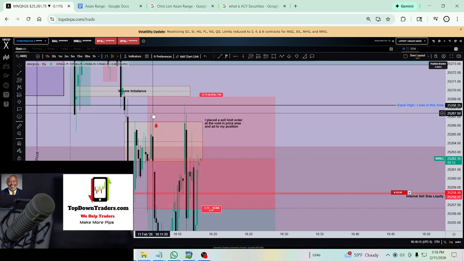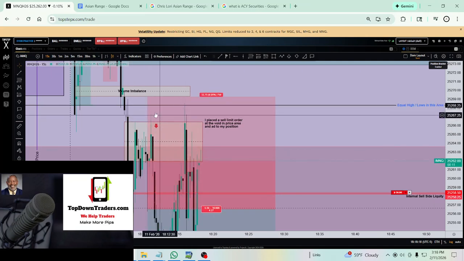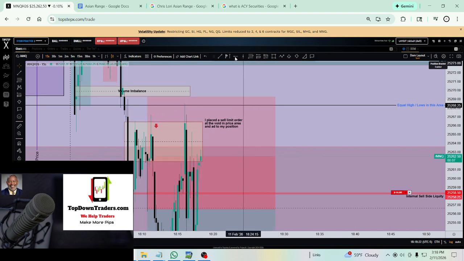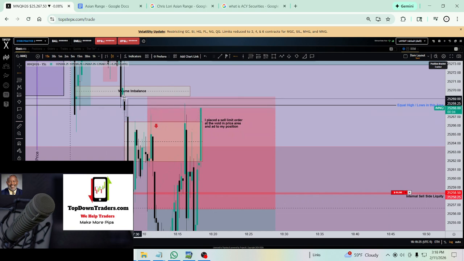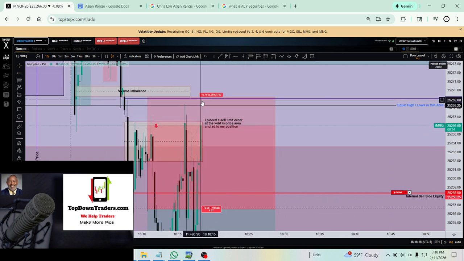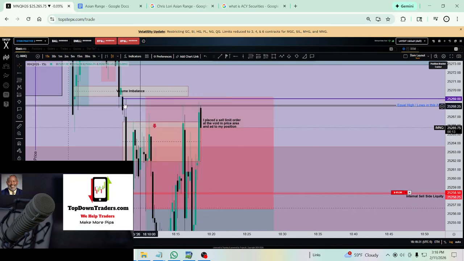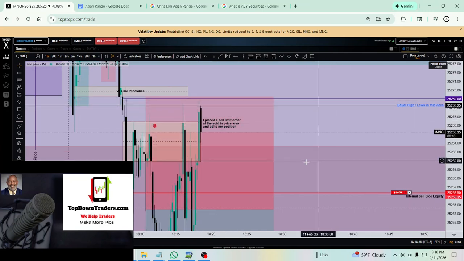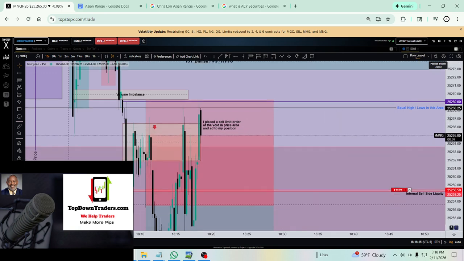Any stops that were above these, this particular wick took those out, but it did not take out this wick's high. So what I'm going to do is mark that area, because it might want to come and swing and stop me out and take that wick out too. Let's see what it does. So it went up again.